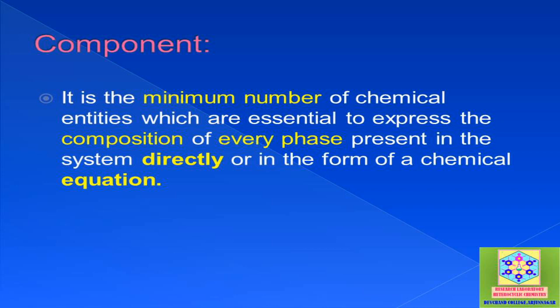We should take note of these highlighted words: minimum number of chemical entities which are essential to express the composition of every phase present in the system. The expression can be a direct one or in the form of a chemical equation. Remember, the chemical entities or formulae we require to express the composition of every phase should be a minimum number.